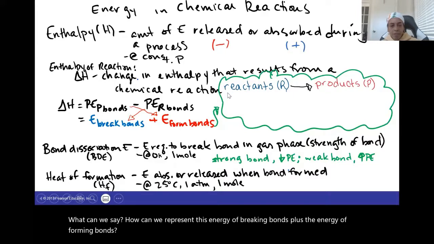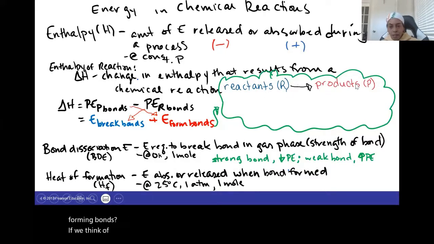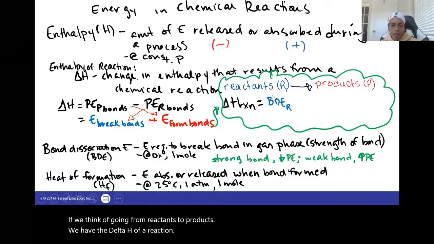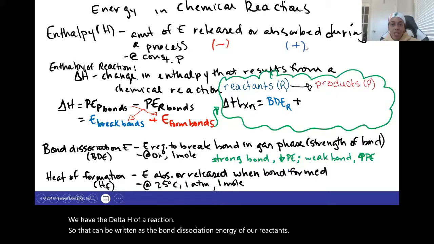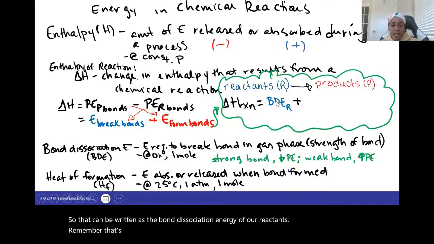If we think of going from reactants to products, we have the delta H of a reaction. So that can be written as the bond dissociation energy of our reactants. Remember, that's energy that's added in, so it's a positive value, plus the energy of the bond dissociation of our products.